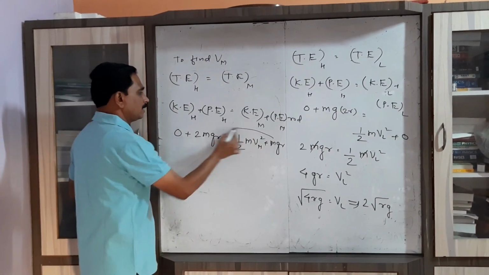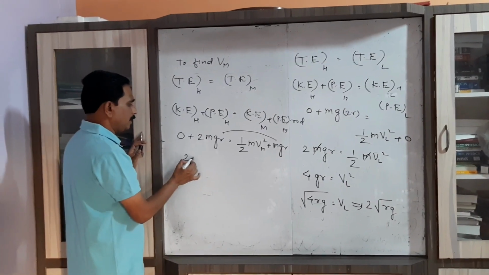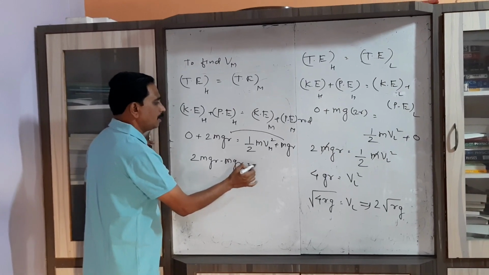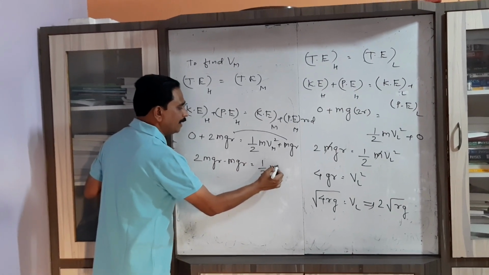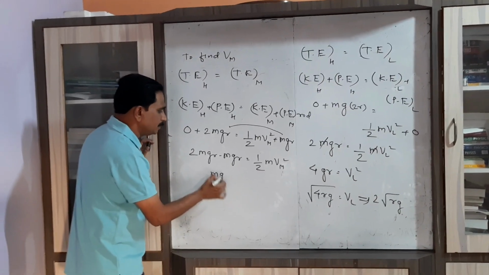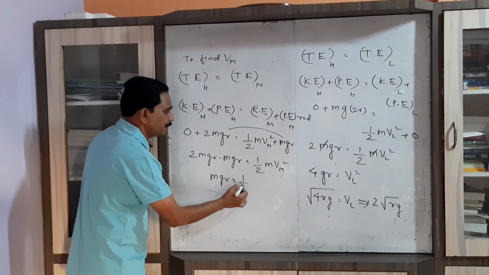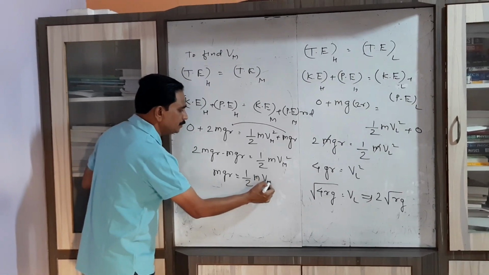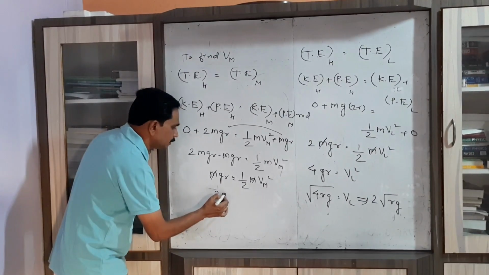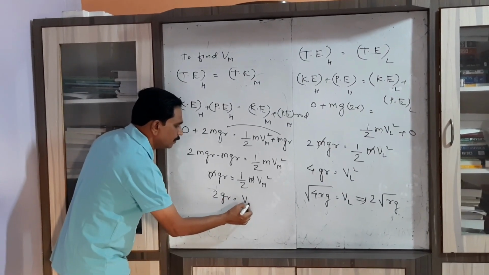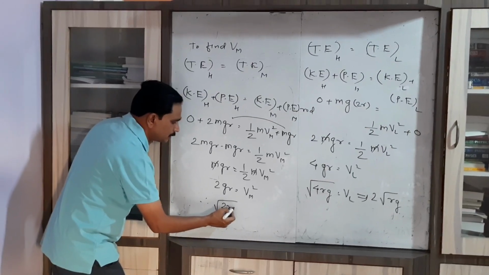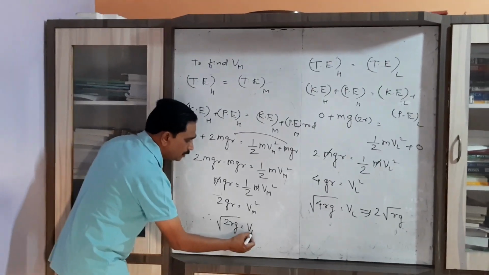Now if we transfer this term, I write here twice mgr minus mgr equal to half m vm square. Now we have simply mgr equal to half m vm square. Now if we cancel this m, then we have twice gr equal to vm square, and therefore under root of twice gr equal to vm.